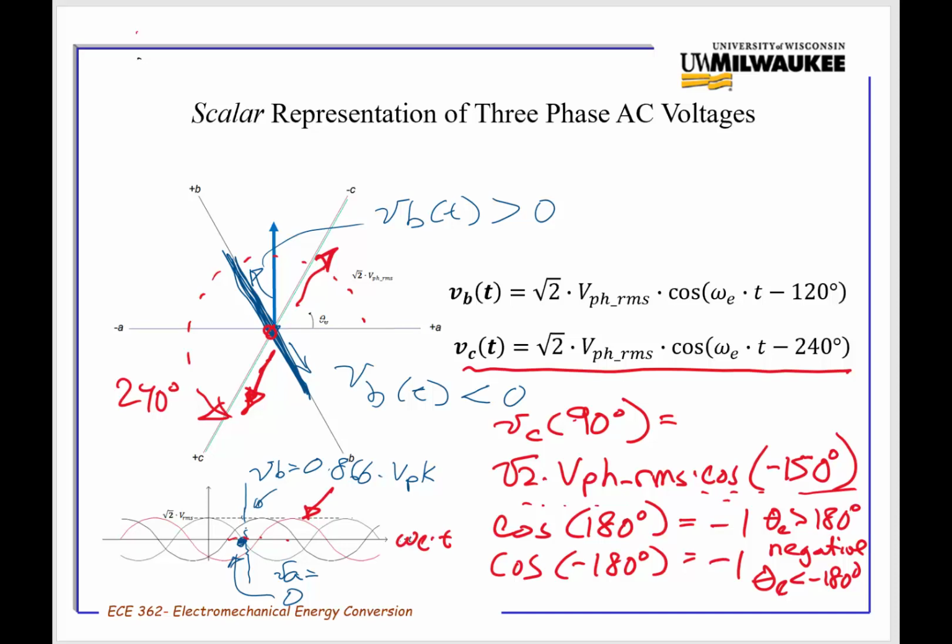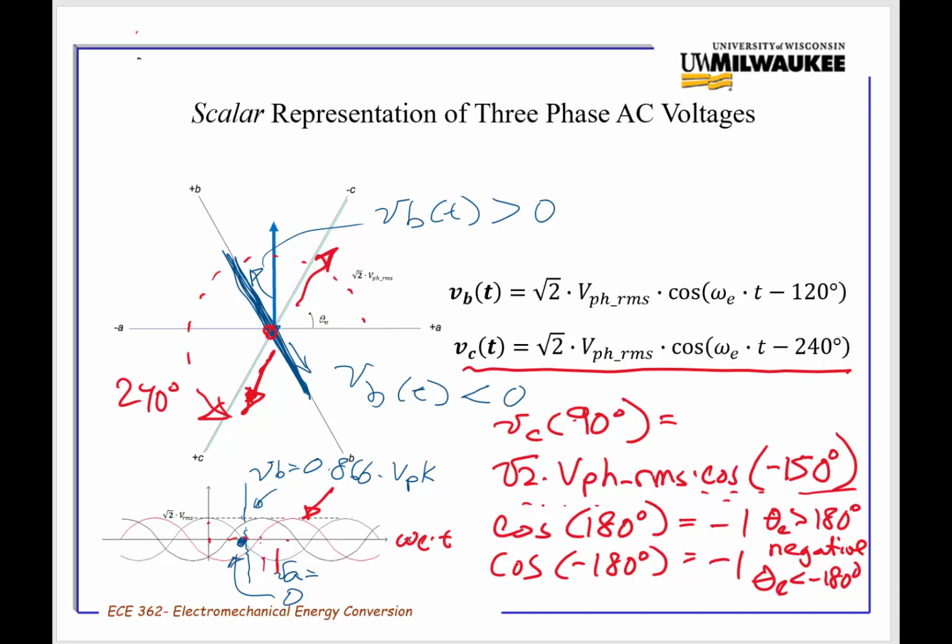If this is a 0, and look at our VA, we had VA was at 180 degrees, it's negative. At negative 150, it's also a negative number.